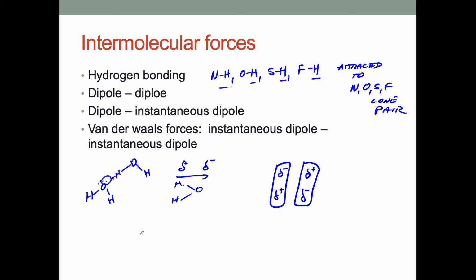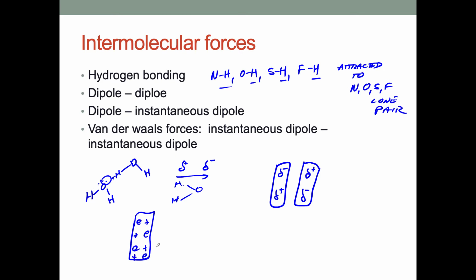The third one is dipole, instantaneous dipole, and that is when we have a molecule. I'm going to draw the electrons and a positive, and they're all kind of neutral, evened out, so there's no positive, no negative.